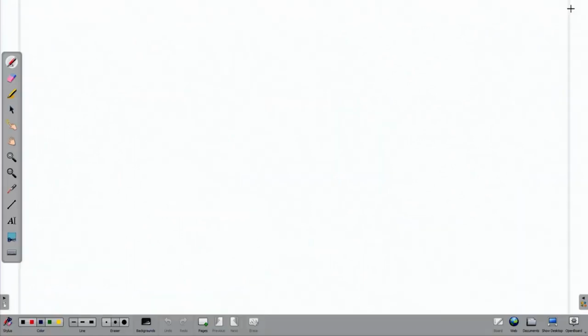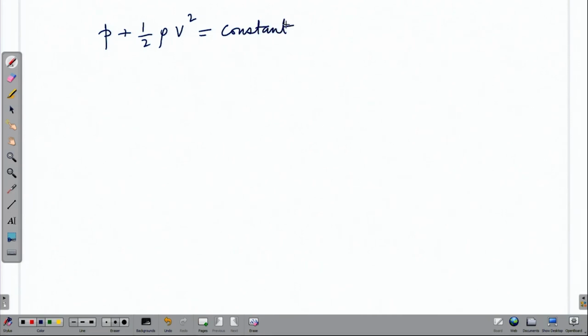You may recall last time we had derived Bernoulli's equation and we should recall the assumptions that were involved while we derived it.